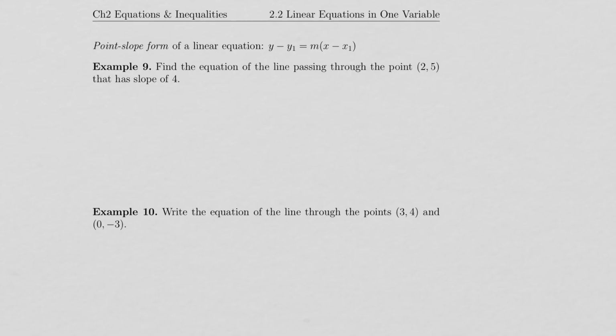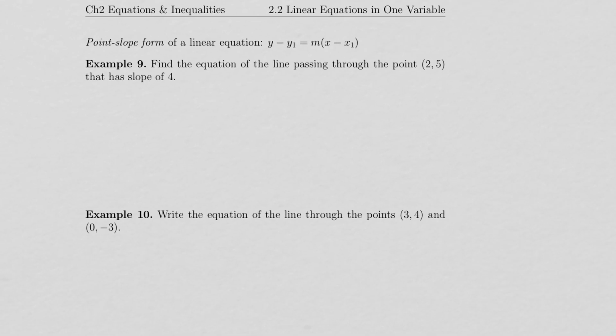Okay, so that's the most common form that we use, the slope-intercept form, right? y equals mx plus b. But there are other forms that are sometimes useful, especially when trying to write the equation of a line. So another form that's sometimes useful is called the point-slope form of a linear equation. And it has this form right here.